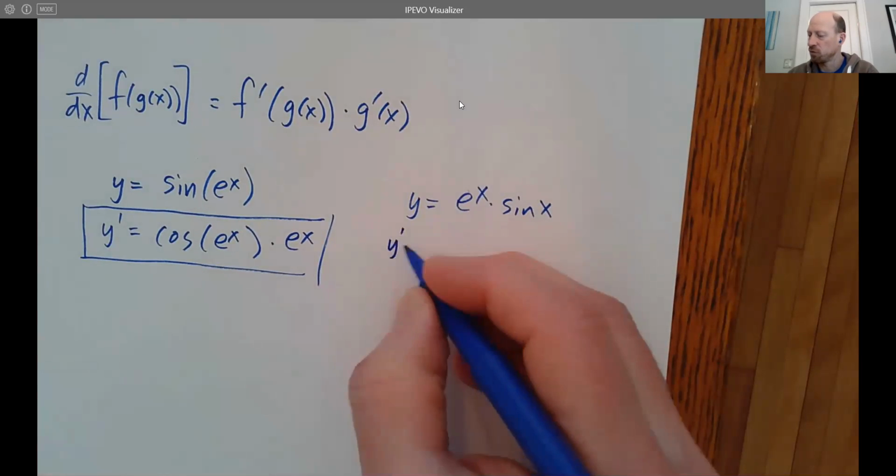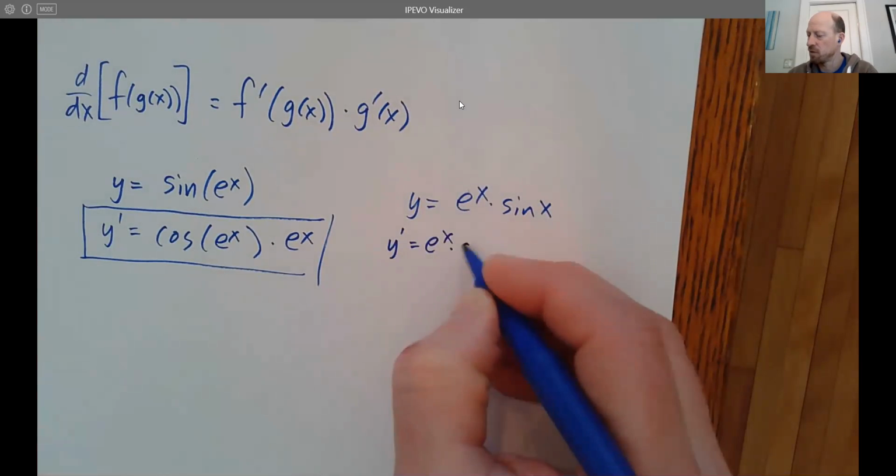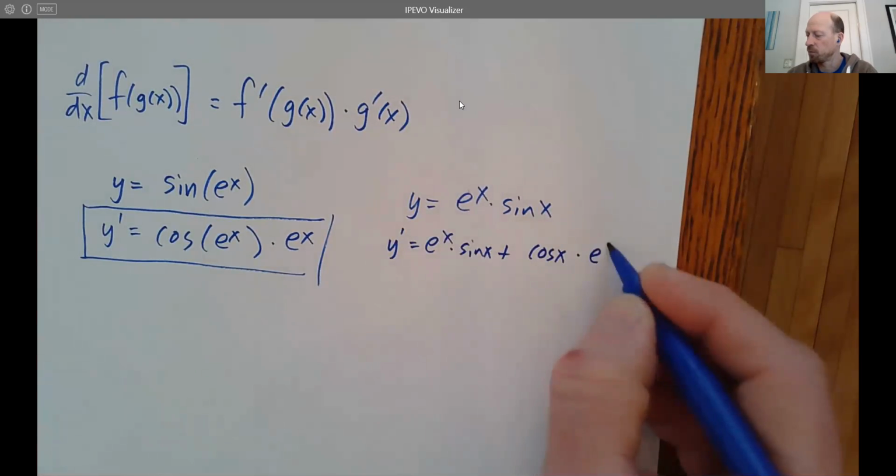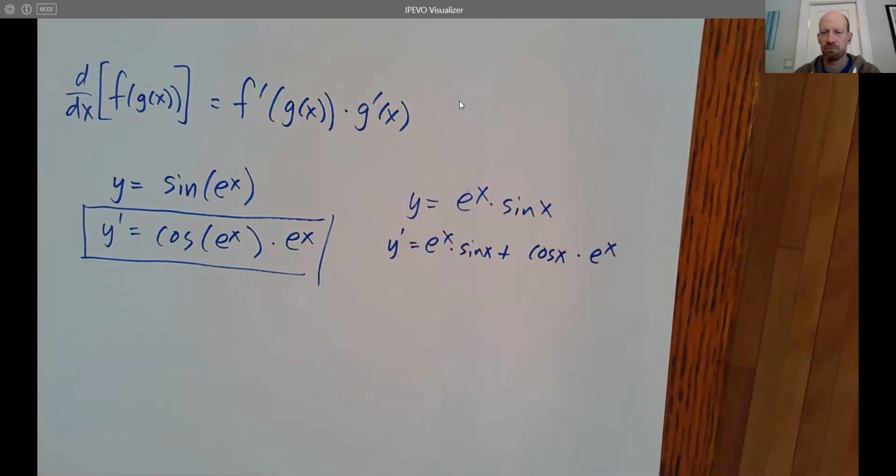So its derivative would be the derivative of the first times the second plus the derivative of the second times the first. Very different derivative, very different structure to the problem, even though the two functions are of course very similar. So that's another example of really looking at how the functions are put together.